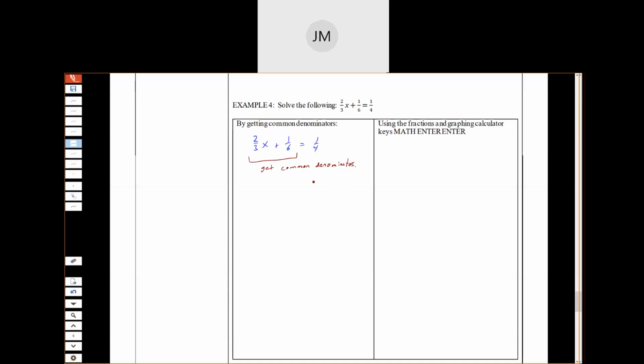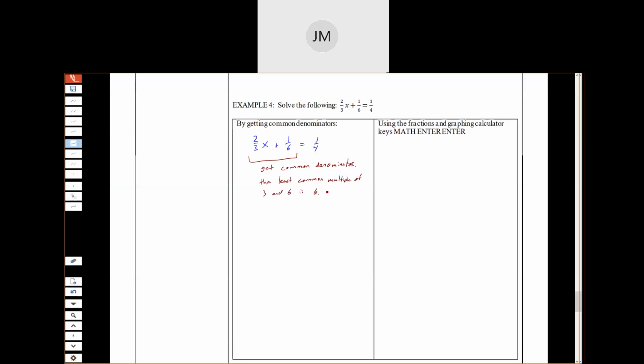Okay, so I want to find the least common multiple of 3 and 6, which is 6. And when we say least common multiple, remember what we're doing is I'm thinking about what are all the multiples of 3, right? 3, 6, 9, 12.